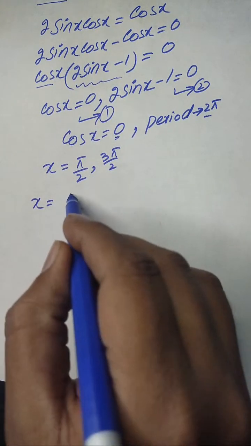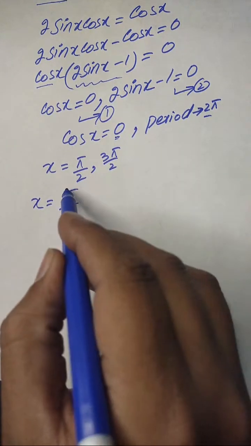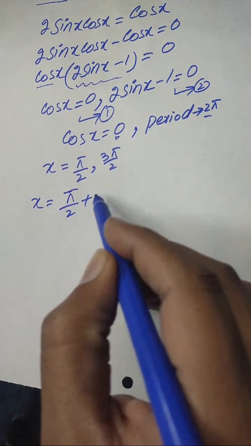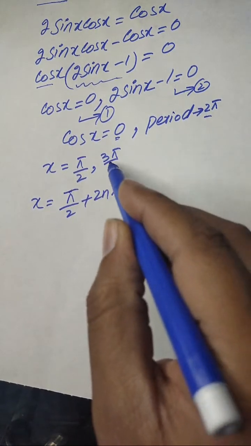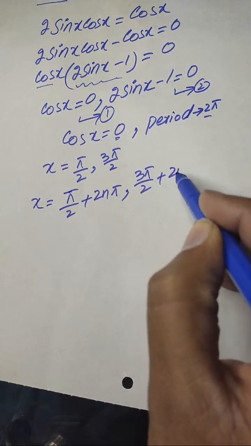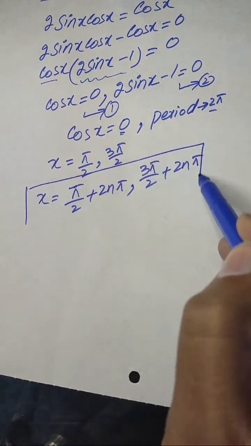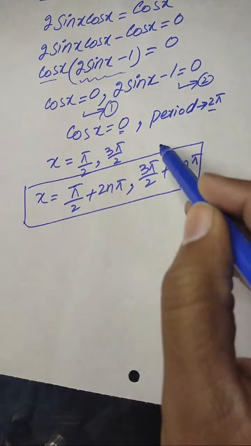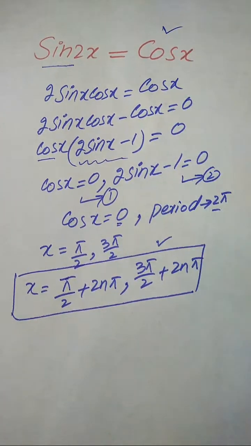The period of cos is 2 pi, and generally we will write it as 2n pi. Similarly, we write here also 3 pi by 2 plus 2n pi. These are the first solutions of this given equation.